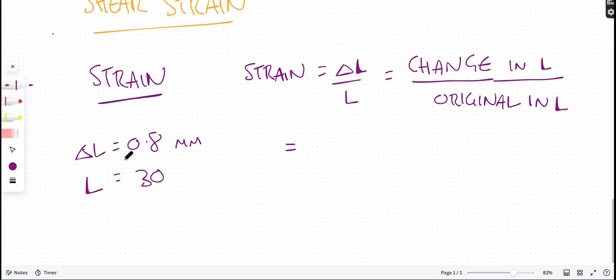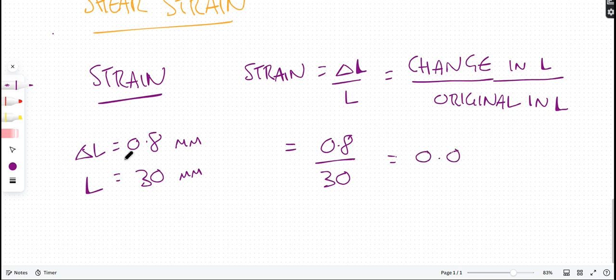They're both in millimeters, which means we can use them. If you converted these to meters, you'd get the same answer, but it's easy just to use millimeters. If you want to convert 0.8 and 30 into meters, you can, but you'll get the same answer. So all we're going to do is 0.8 divided by 30.